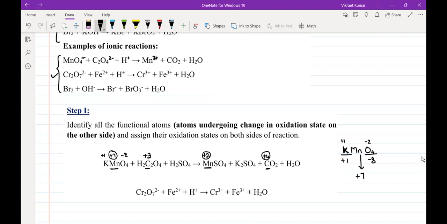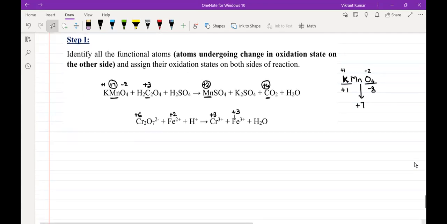If you see this reaction, Cr is +6, Cr is +3, Fe is +2 here, Fe is +3 here, right? So we have identified what are the functional atoms and what are the substances which are having functional atoms. Okay. Once we have identified this, this is our first step. Is it okay? Anyone having any doubt? Everyone clear?